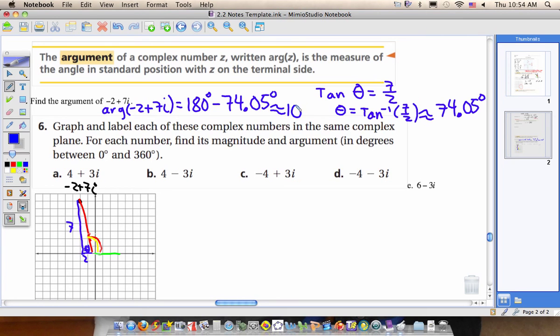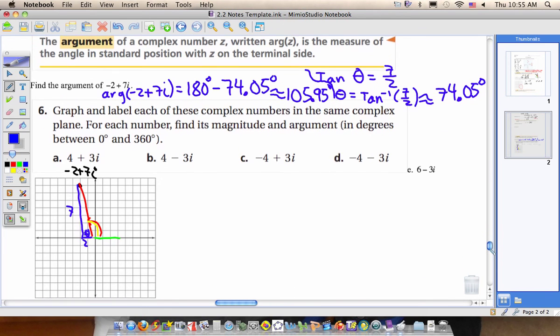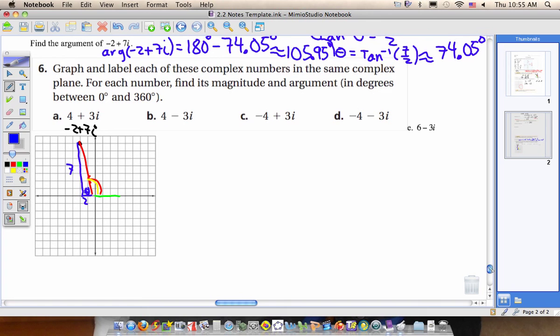And that came out to be about what? About almost 106, right? 105.9. Don't forget your degree symbol. If you don't put degrees, radian measures are implied. 105 radians is a lot different than 105 degrees.